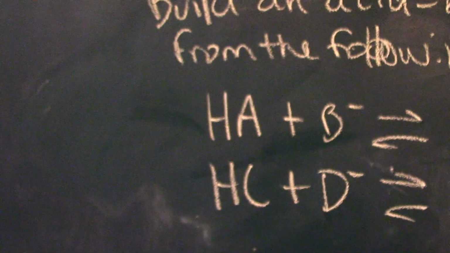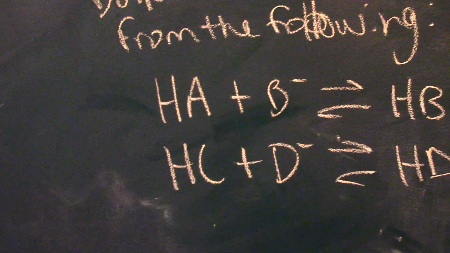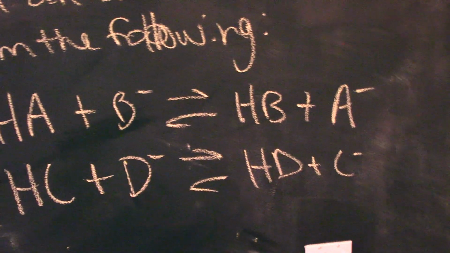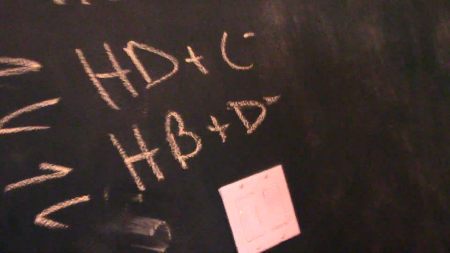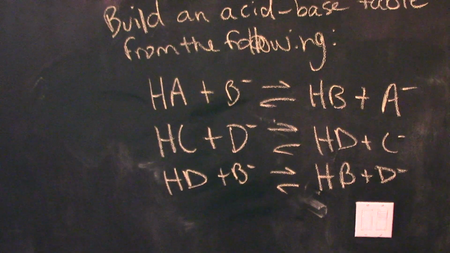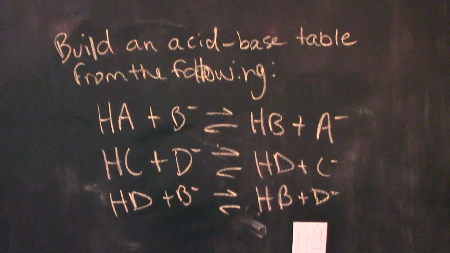So this is just a general equation, right? The H indicates an acid, the negative ion indicates a conjugate base. And I have HD. So build an acid-base table.